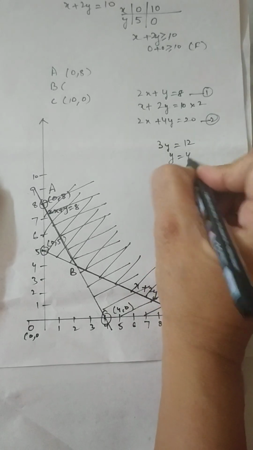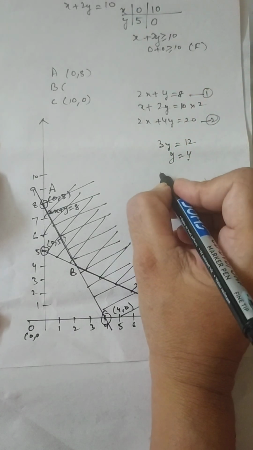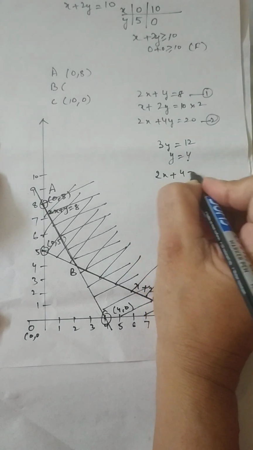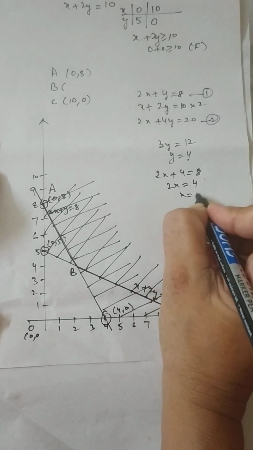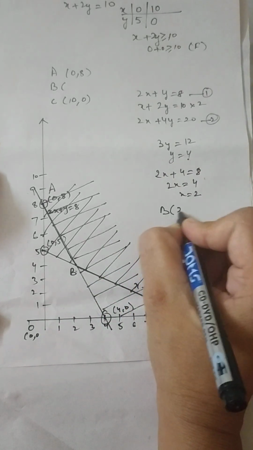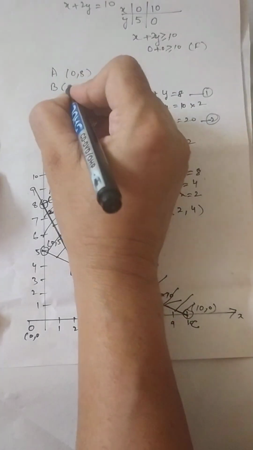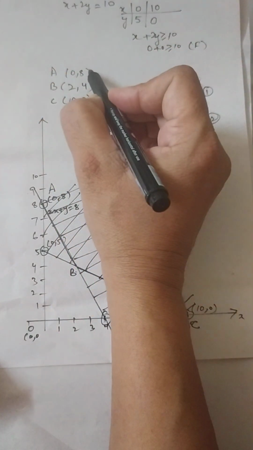So y is equal to 4. If I put this value of 4 in 1, I will have 2x plus 4 equal to 8, or 2x equal to 4, so x is equal to 2. So our point B is 2 and 4. So we have the three corner points A, B, C, and they are these.